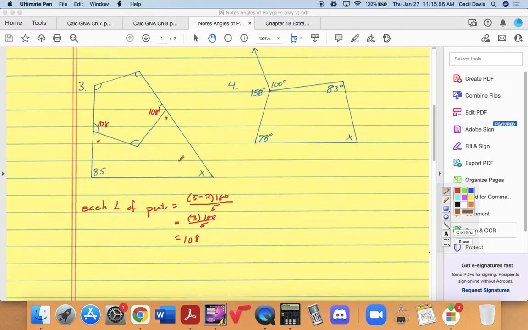Our rules don't apply to those. So what are we going to do? We're going to look bigger, like I showed you on number 1. What is this that I've outlined in red? Yeah, it's a quadrilateral.